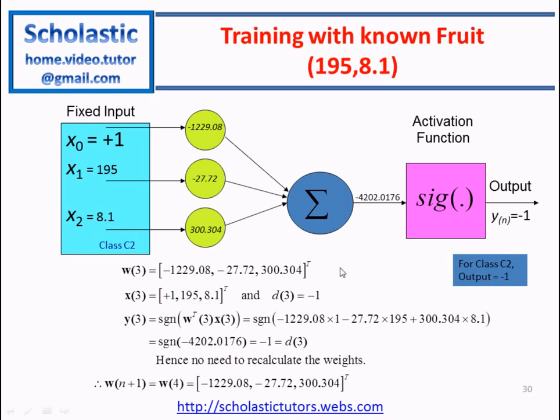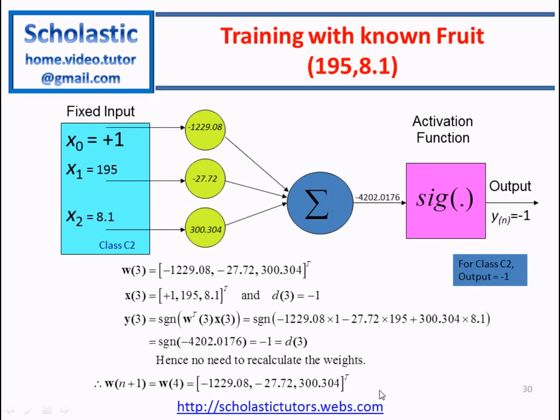This goes into the signum function, which gives an output of -1. This -1 output is again the desired output. So we have a system that is trained to classify all four known fruits into their respective classes now. The weight vector need not be recalculated, so we stop there as the correct weight vector.